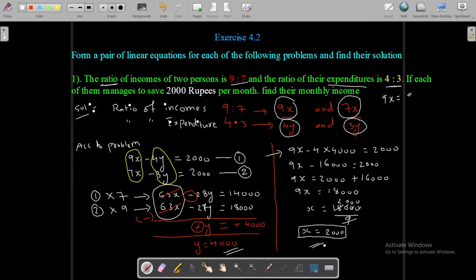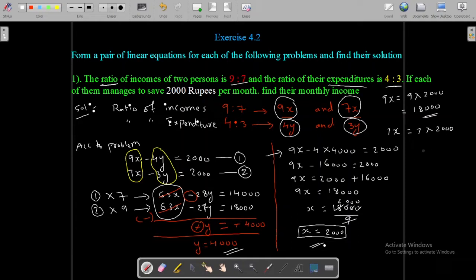I got x as 2,000. So 9 into 2,000 is nothing but 18,000. So this is the income of the first person. Now the income of the second person is 7x. So 7x is nothing but 7 into 2,000.